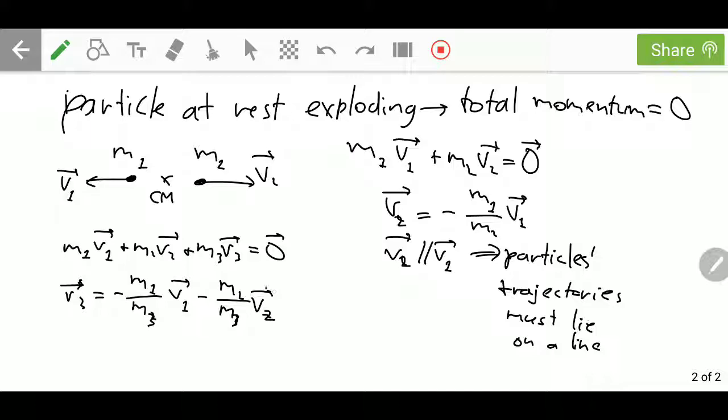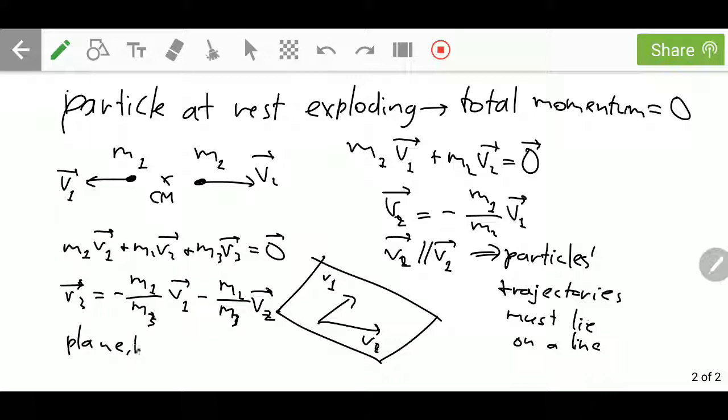And so what does this mean? Well, it means that v3 is a linear combination of v1 and v2. So if I have v1 and I have v2, then these two vectors span some plane, or that is, all the linear combinations of these vectors form a plane, and v3 must lie in that plane. And so it follows that the particles' trajectories must lie on a plane, but not necessarily a line.